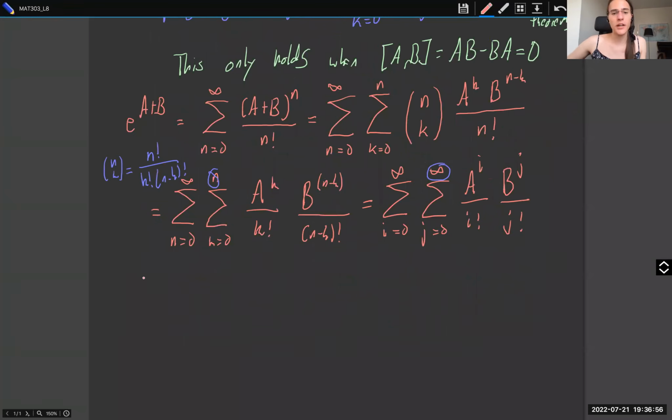We're going to make the substitution n equals i plus j, and k equals i. With respect to the substitution, all possible pairs i and j become all possible sums, and then k ranges anywhere up to the value of the sum. So these two sums have the same terms. It's just a rearrangement. Do you have any questions about that?